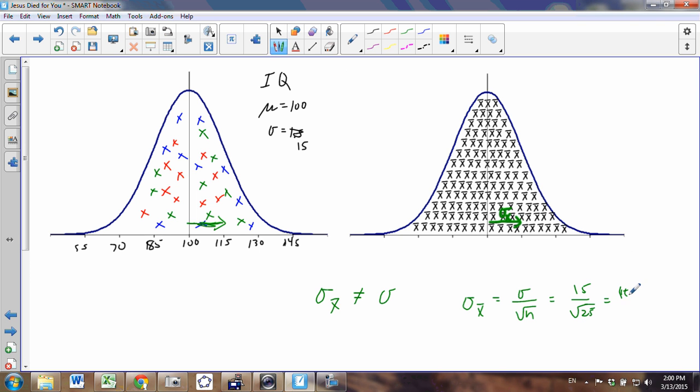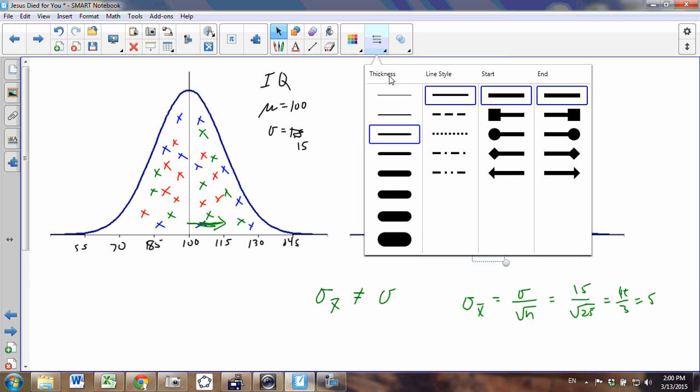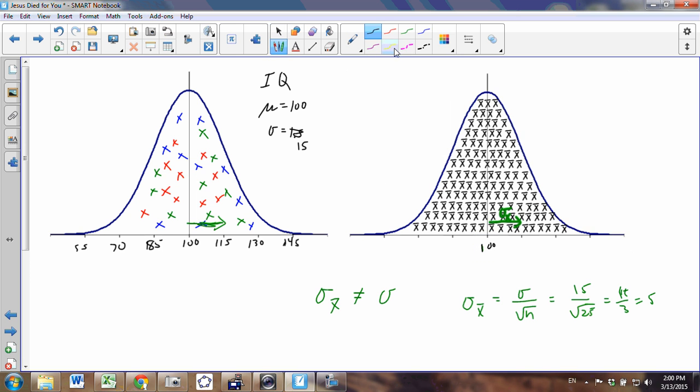So we'd have 15 divided by 5, or 3. So the mean here would still be 100, but we have a standard error of only 3. Oh, 15 divided by 5 is 3.